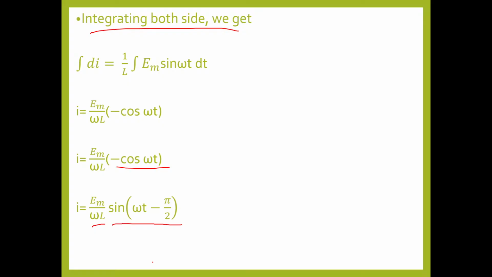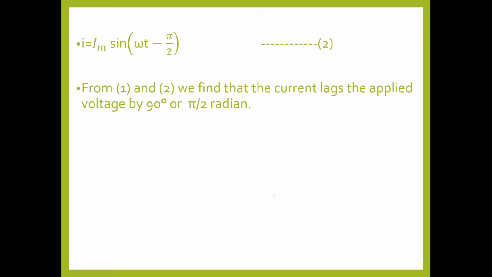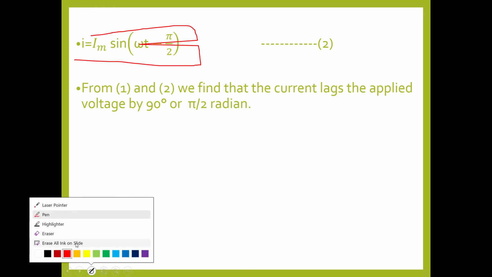You can replace Em by omega L with the notation Im. So I is equal to Im sin of omega t minus pi by 2 is our expression.